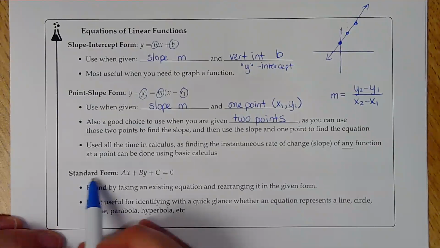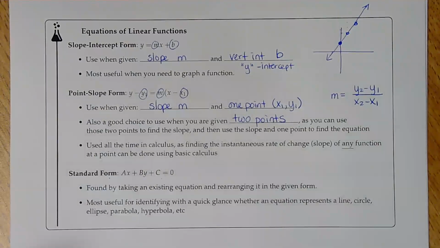All right, and then we have one last type here to look at. It's called the standard form. So this is ax plus by plus c is equal to 0. Okay, we won't use this form a whole lot in this class. You won't be given some information like a slope and asked to put it into a standard form. But what the standard form is really useful for is that you know that this is the form for a line.